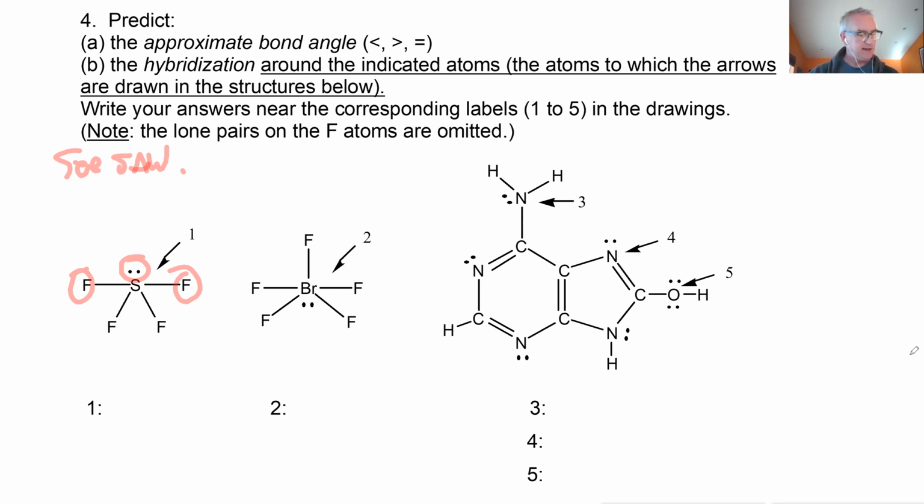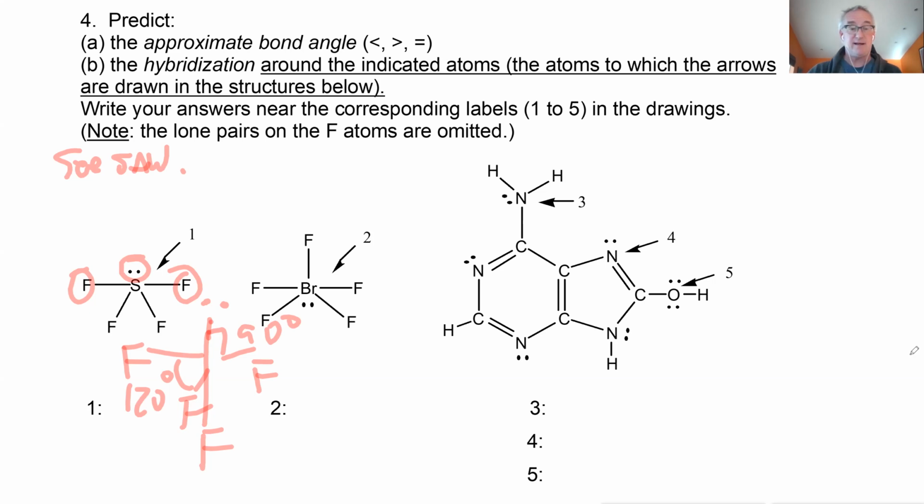And you look at the angles, and ideally, what it would look like is you'd have your lone pair on top and a fluorine on the bottom, and then fluorine, fluorine, fluorine around, 1, 2, 3. These would be 90-degree angles, and these would be 120-degree angles.